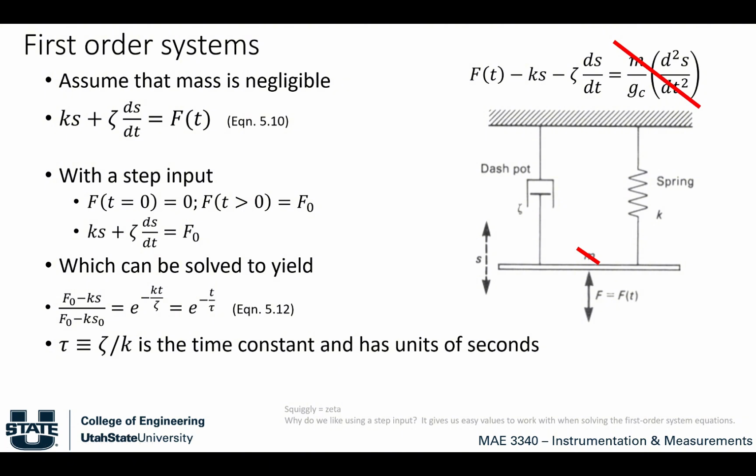This equation can be solved to look at our forcing function at time equals 0 minus our spring constant times the distance, divided by the forcing function at time equals 0 minus k times s at its 0 point, which is equal to e to the minus t over tau, where tau is the time constant, which has units of seconds. And so we could have this system have this equation right here.